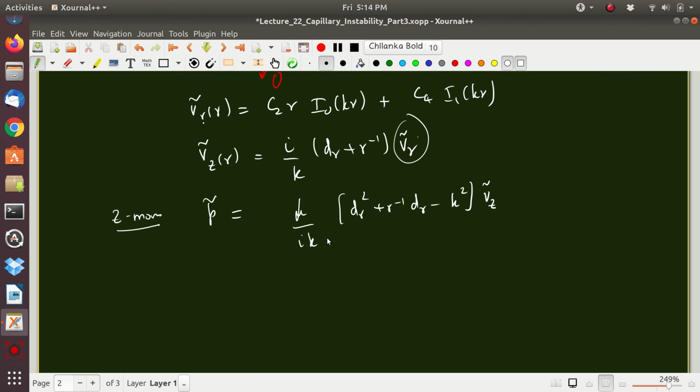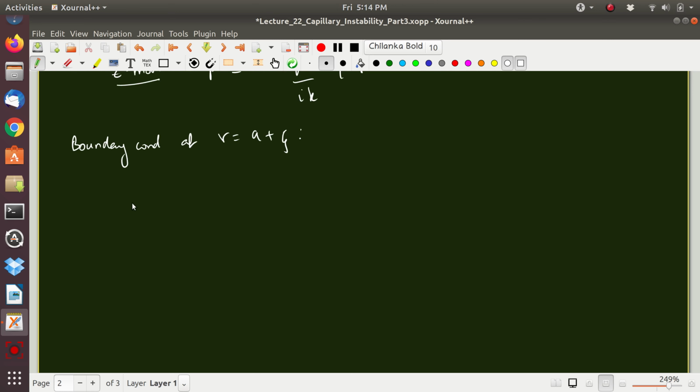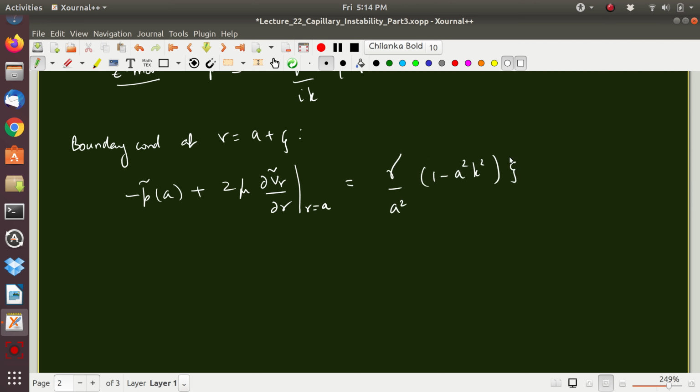Okay, so the boundary conditions at r equal to a plus zeta, as before, are now, previously we had just the pressure at a, plus now the viscous stresses, the normal viscous stresses also become important, is gamma by a squared times (1 minus a squared k squared) operating on zeta.